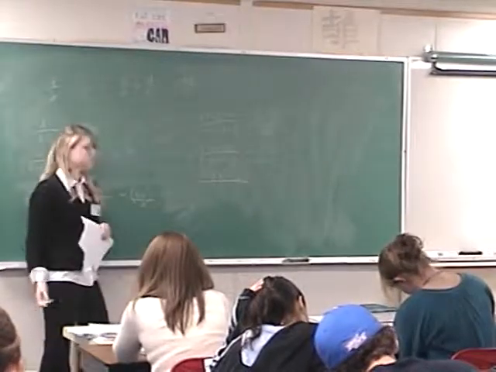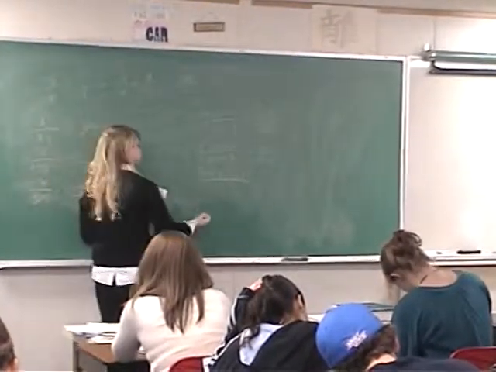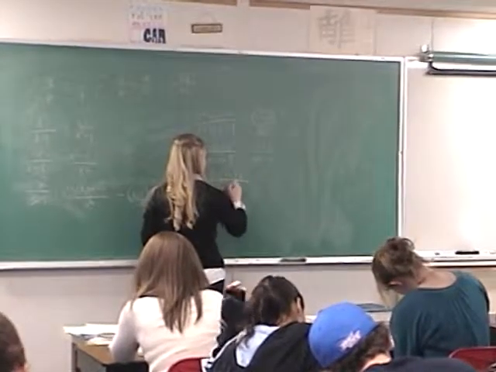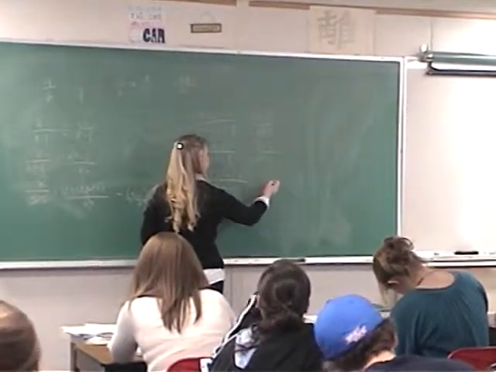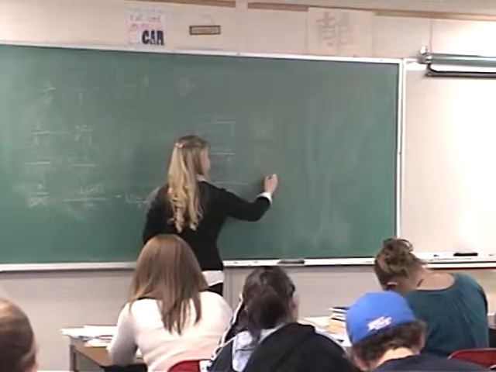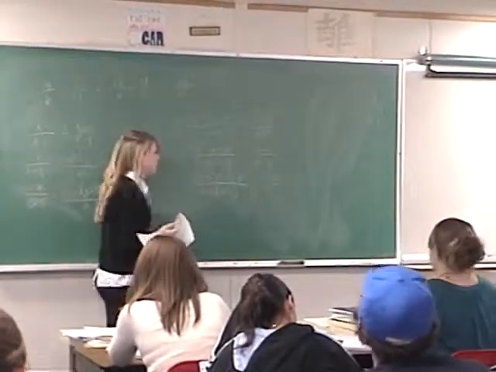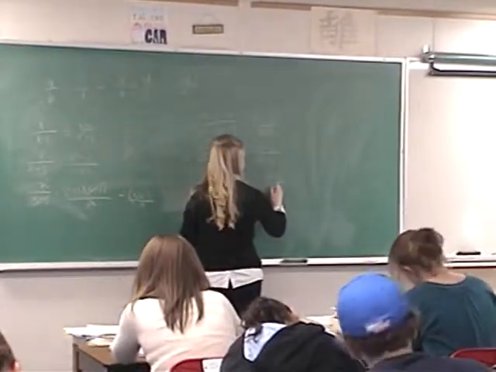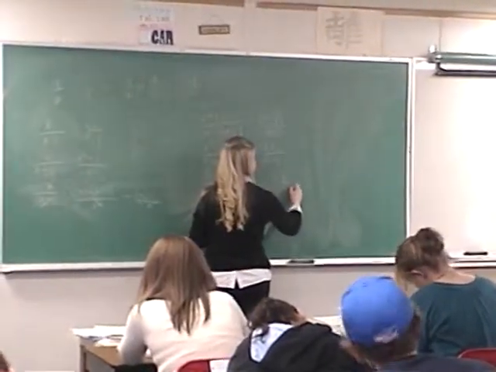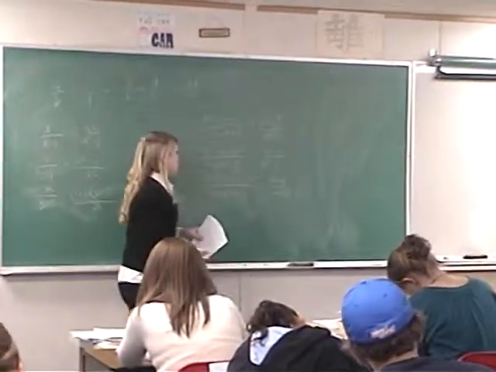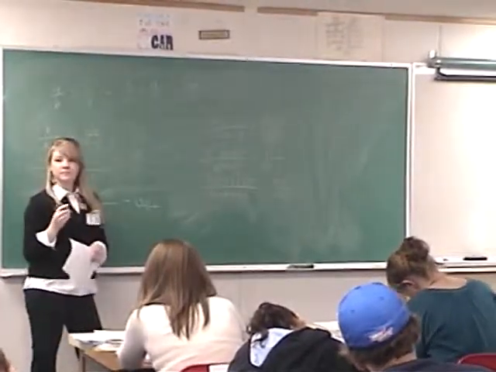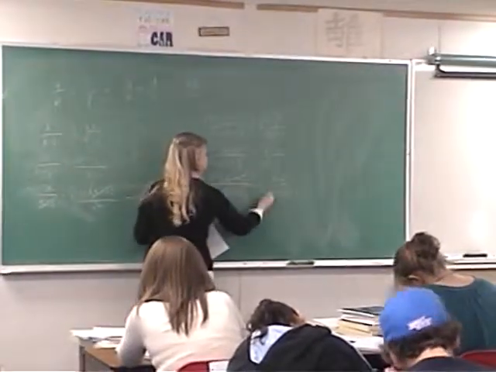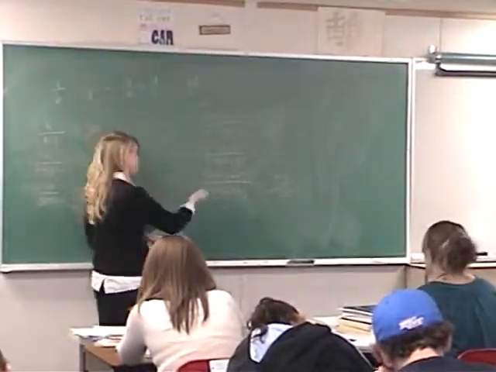X plus 3, x plus 2. And the top one will just stay the same. What do you do with the bottom? And what is going to cancel? The x plus 3. And x plus 3.